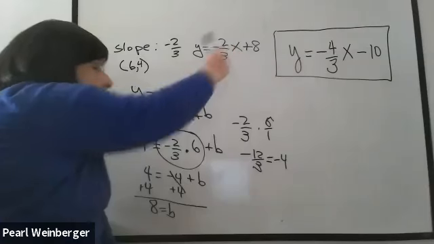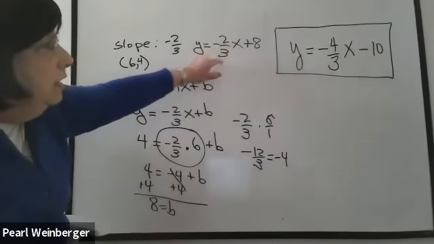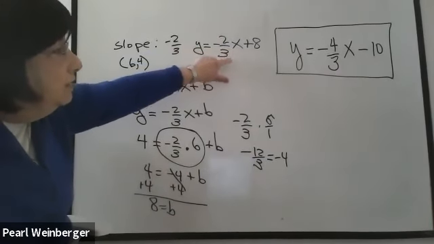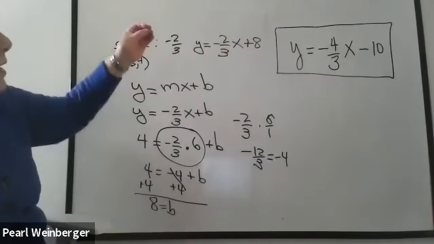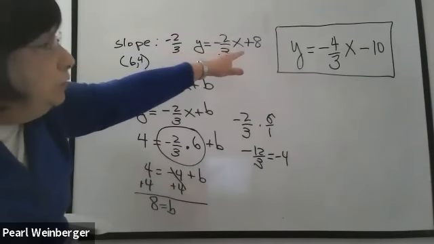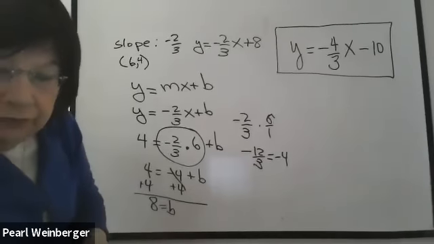If you're putting this in Delta Math, make sure that you either put the x on the top or put the x next to it. Don't let the x go into the bottom. Plus 8. The slope of the line is -2/3, which I was told, but I wasn't told what the y-intercept was, but it worked out to be 8.